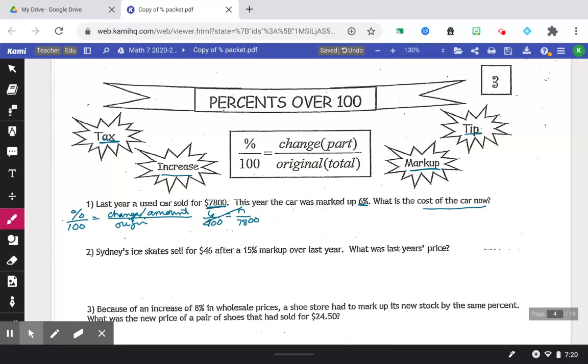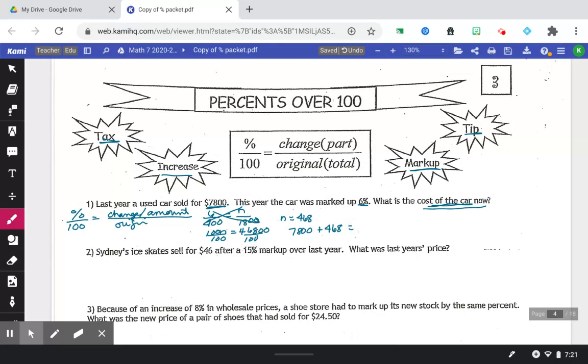Okay, I'm going to do my cross products. Divide both sides by 100. Okay, so this car is going to be marked up $468. Okay, but we're looking for the new cost. So I have to take the original price, which was $7,800, and I'm going to add on $468.